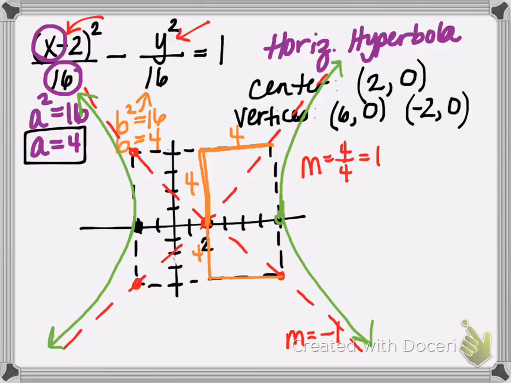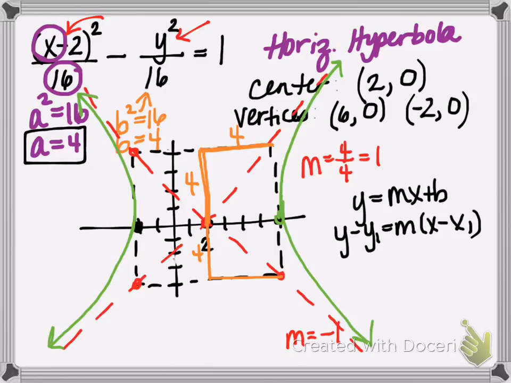But we want to actually write the equation for the asymptotes as lines, and we know we can use y equals mx plus b, or we could use point slope form. So a great review of point slope in case you need it. Here's your point slope. So either one, I'm going to go ahead and use point slope form. Since I know the slope, and if you take a look at your diagram, remember that both of your asymptotes are going to pass through the center point.